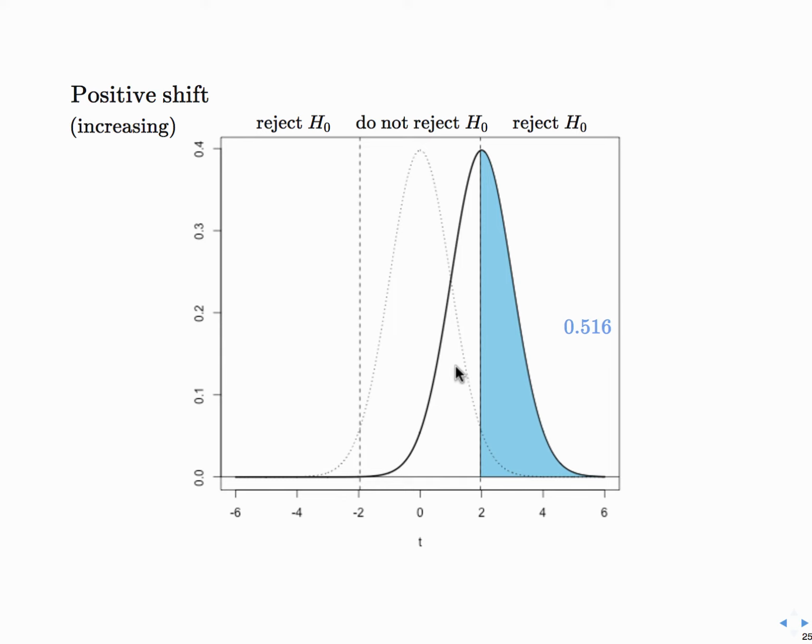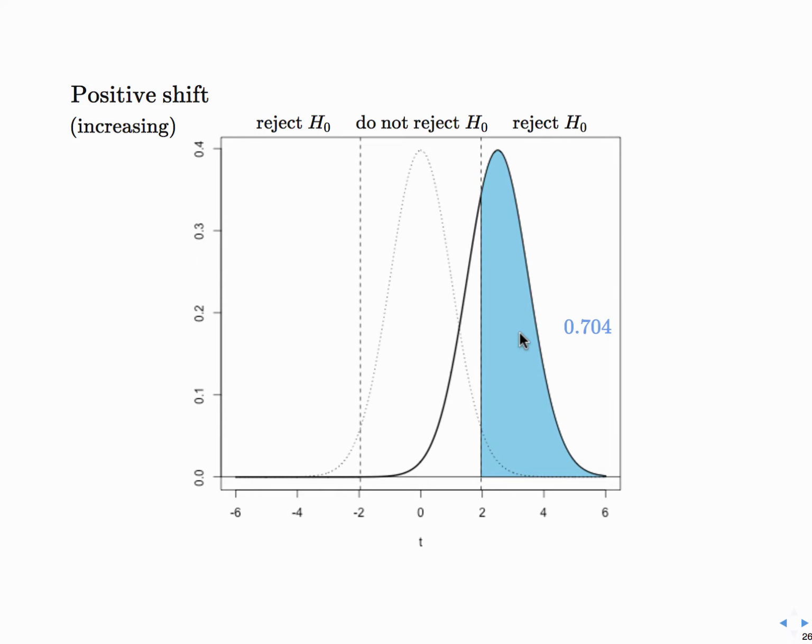So that would be the probability of a type 2 error. So what we're seeing is that the larger this shift becomes, the greater the probability of rejecting the null hypothesis, which is good, that's the right decision, and therefore the less probability we have of a type 2 error. The probability of a type 2 error is this remaining probability here under the solid distribution up to the critical value.